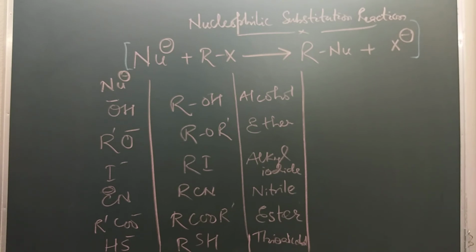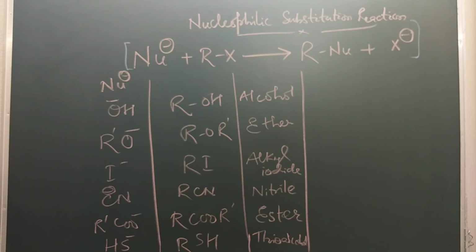If OH minus is the nucleophile, then alcohol is the product. If alkoxide is the nucleophile, then ethers are the product. If iodide is the nucleophile, alkyl iodide or iodoalkane is the product. If cyanide is the nucleophile, then nitrile or cyanide is formed. If RCOO minus, that is carboxylate ion, is there, it forms alkyl carboxylate, that is ester.